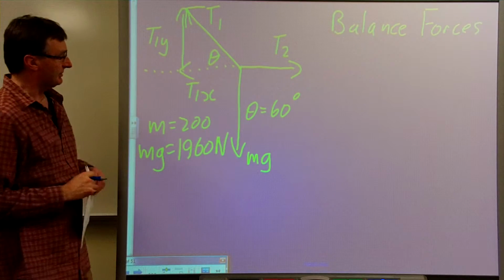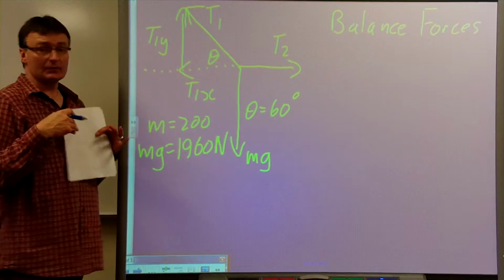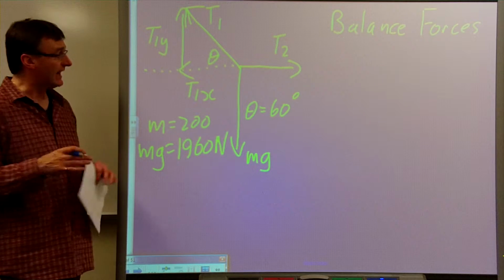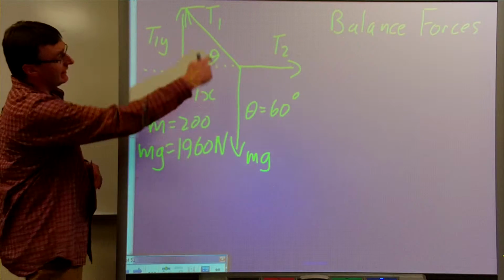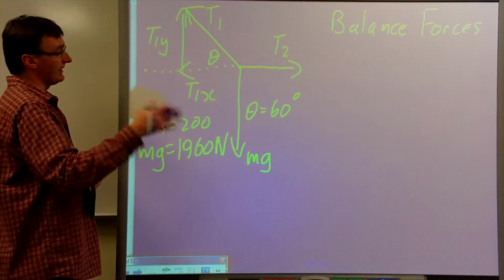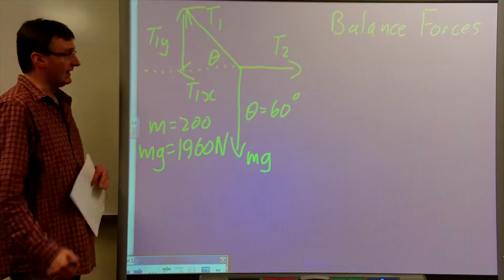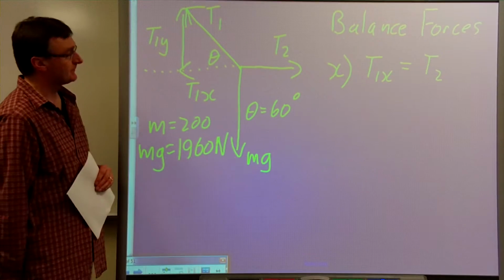This is now complete. We have everything on there that we need because there's no motion and no acceleration, so we don't need that on there. This is just simply balanced forces. We need to write balanced force equations in the x and in the y directions, and that will solve the problem. So our diagram is complete the way it is.